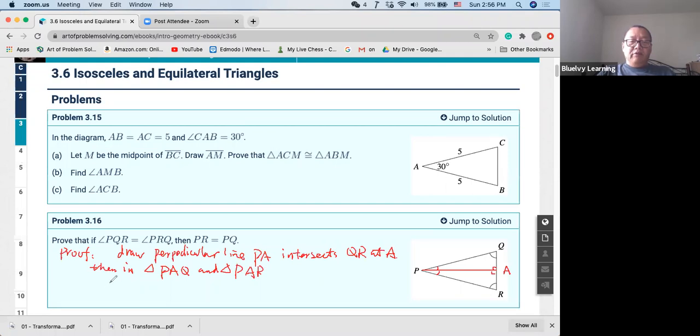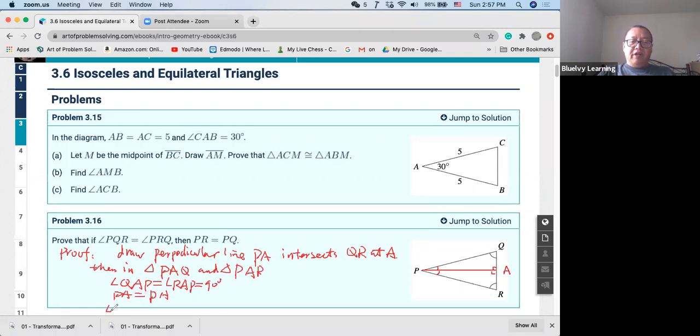angle QAP equals angle RAP. This one equals 90 degrees because what we drew is a perpendicular line. Then we also have PA equals PA. This one is shared.